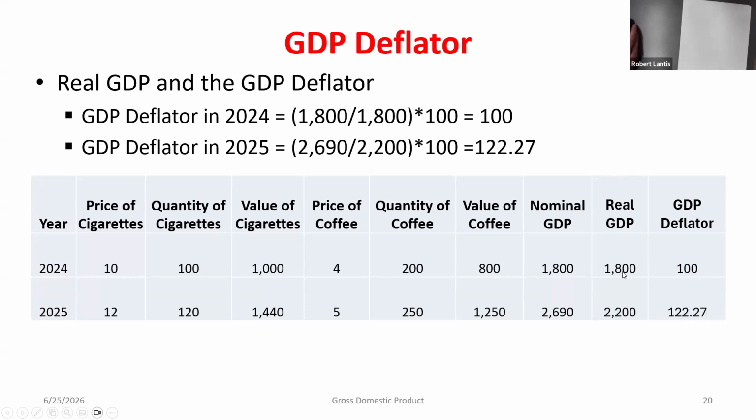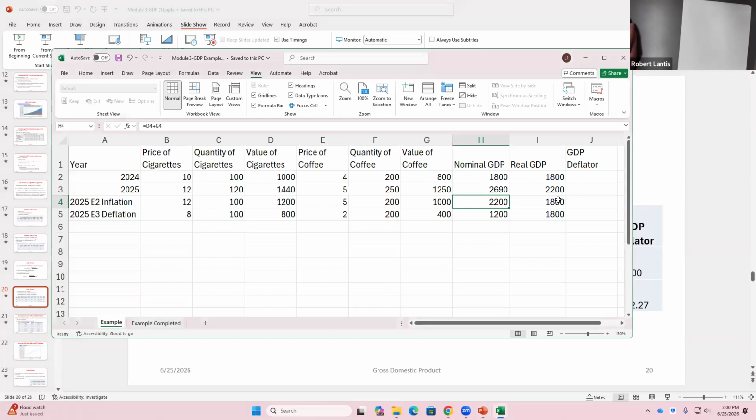If we go back to my Excel example, how would I calculate these GDP deflators? I take my nominal GDP divided by my real GDP, and multiply by 100. If it's the base year, I should get a GDP deflator of 100. In this example, prices have gone up.